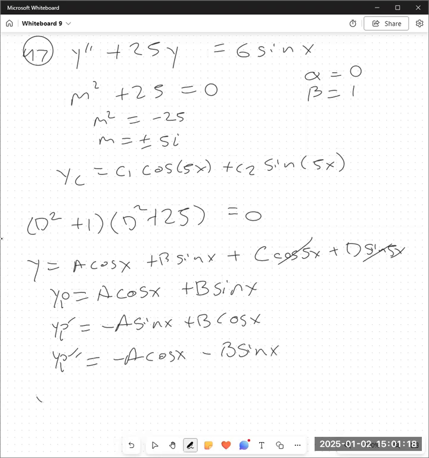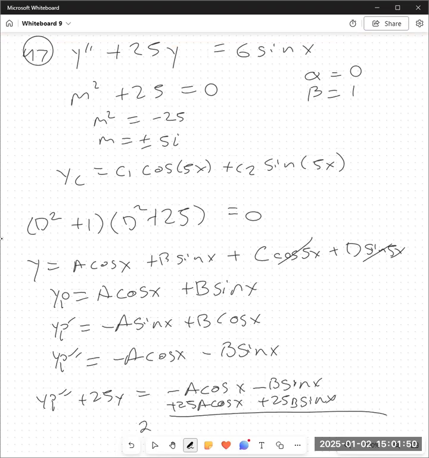So yp double prime plus 25y is equal to negative a cosine x minus b sine x plus 25a cosine x plus 25b sine x.